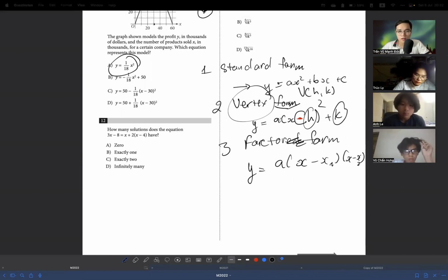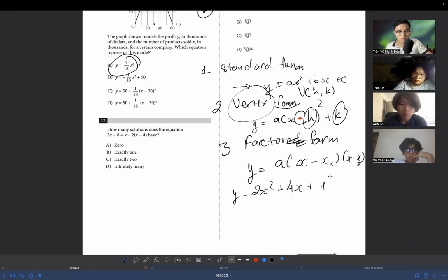If I have an equation like y is 2x squared plus 4x plus 1, let's see if this results in nice solutions.